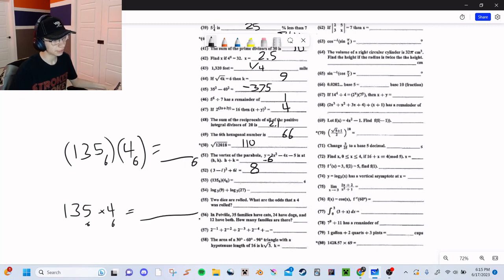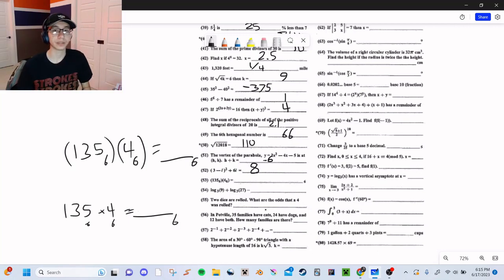So to get this answer in base 6, I'm going to multiply the 5 and the 4. Let's think about what I get. I get 20. But before I write down the 0 and carry the 2, like I would if I'm normally multiplying, let's think.